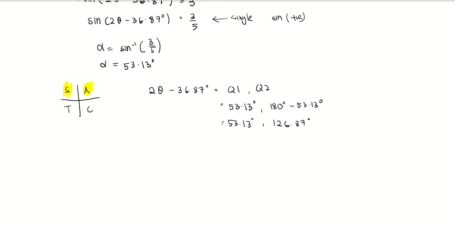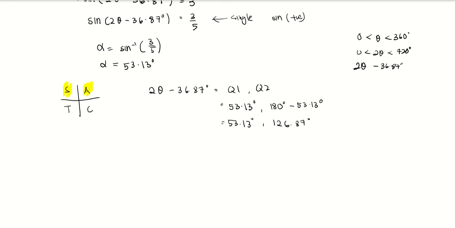Alright, if we look at our angle, we deal with 2 theta minus 36.87. Originally theta is between 0 and 360, so 2 theta is twice that, which is 2 rotations, 720, and also minus 36.87.